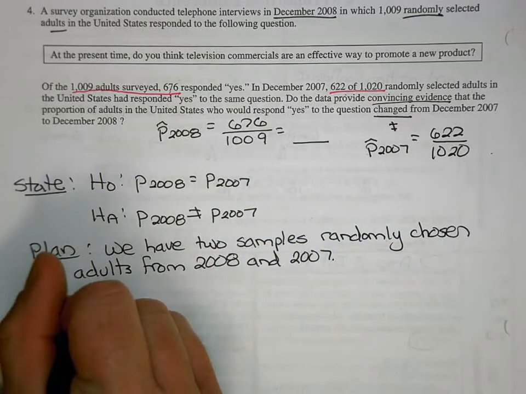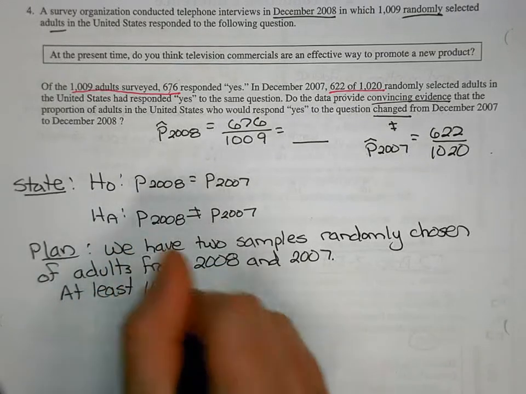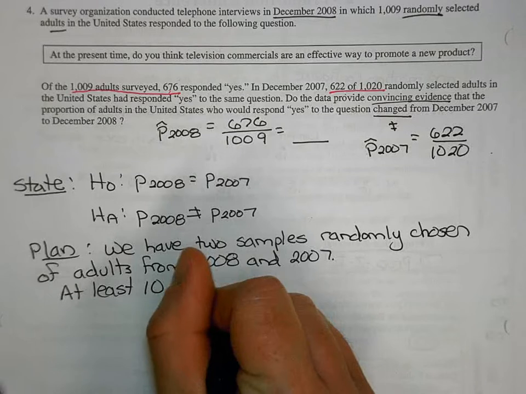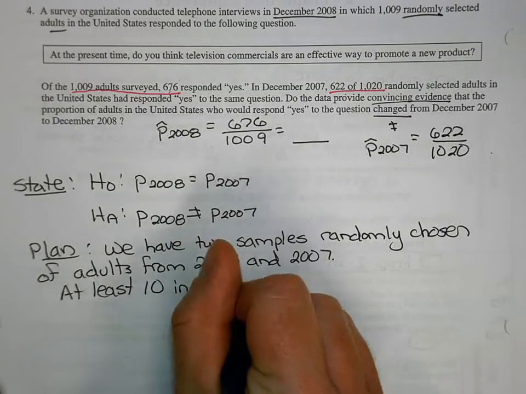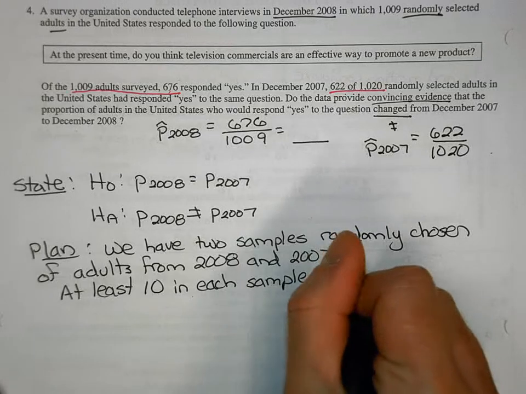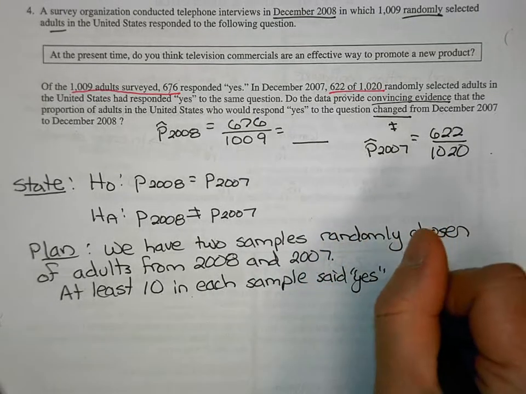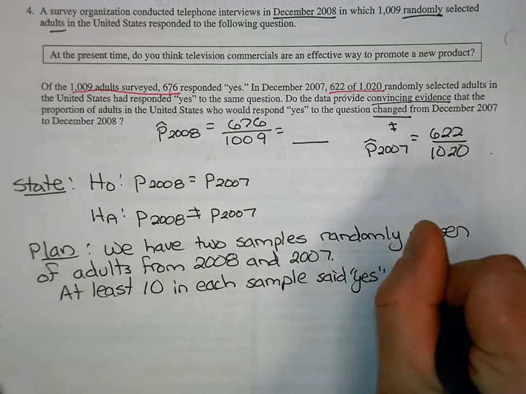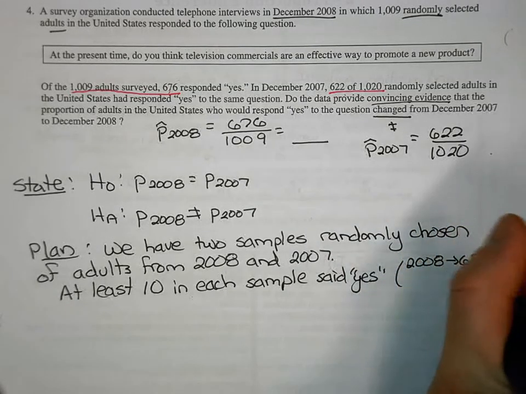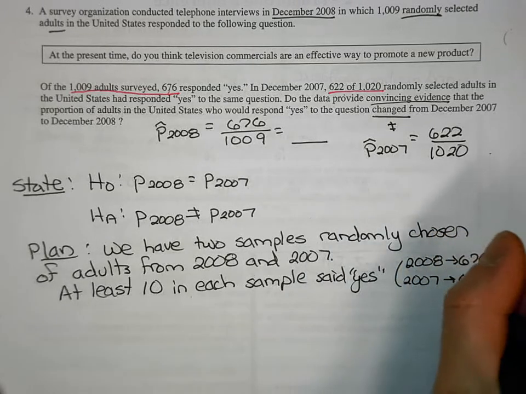And then at least 10 in each sample said yes. And then I'll write in parentheses, 2008 had 676 replied yes, and 2007 had 622 replied yes.